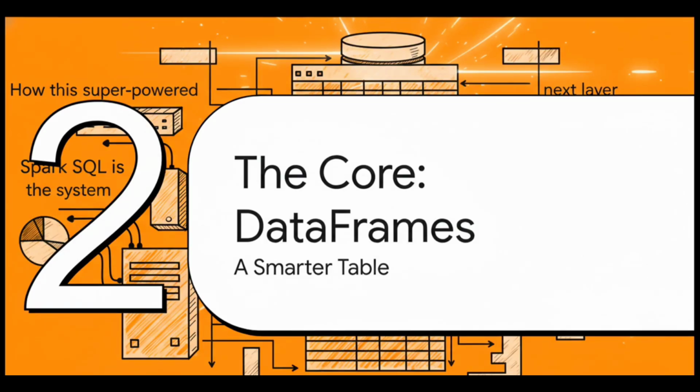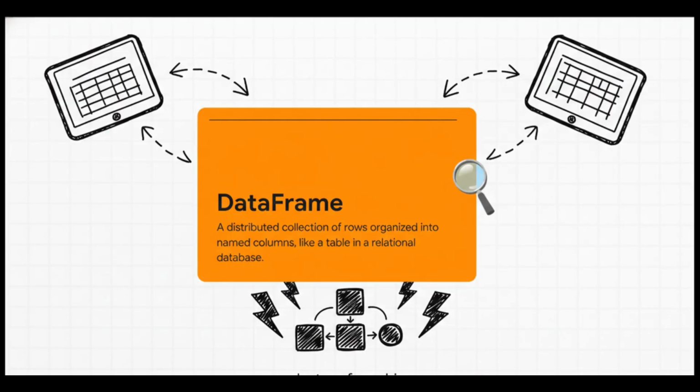Here we find the thing you're actually working with day to day, the data frame. If Spark SQL is the whole system, just think of the data frame as its core component. Kind of like a database table, but with a whole bunch of superpowers. That really is the easiest way to think about it. It's a table. It's got your columns, like name and age, and it's got your rows of data.